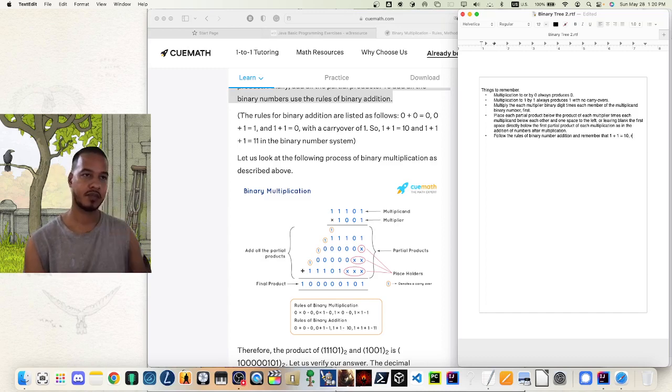So we carry over the 1 onto the next binary addition.